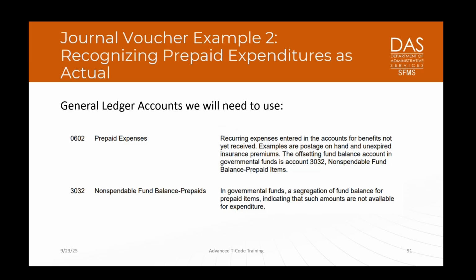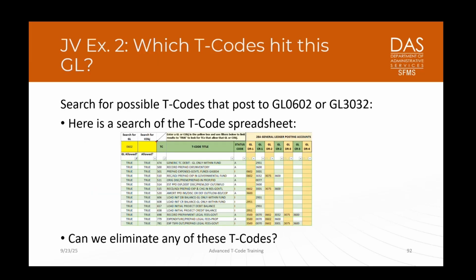So take these GLs. Now let's go to our Excel spreadsheet. In this Excel spreadsheet, we want to filter our GL with 0602. I always recommend you first filter your status. You don't need inactive ones because you cannot use them.